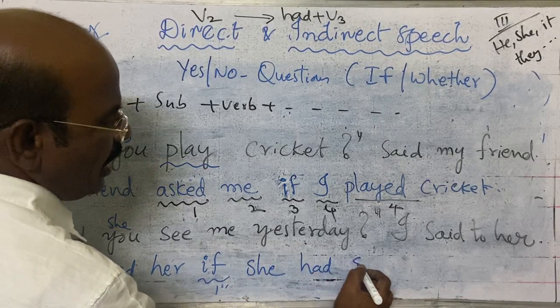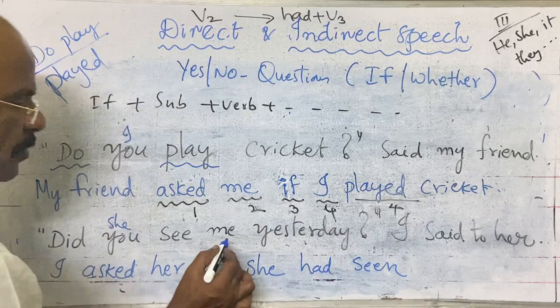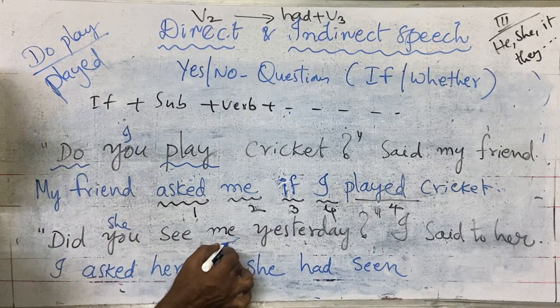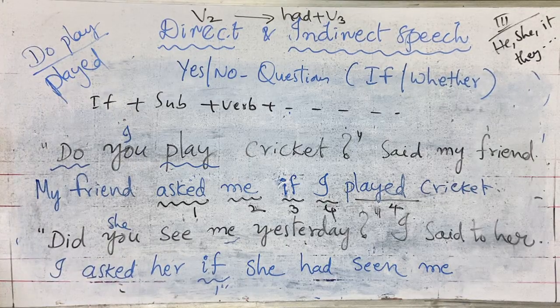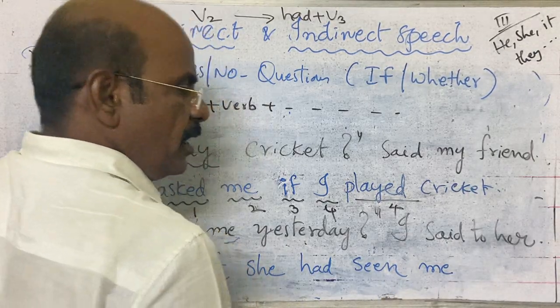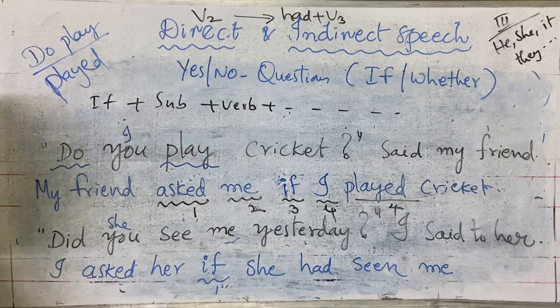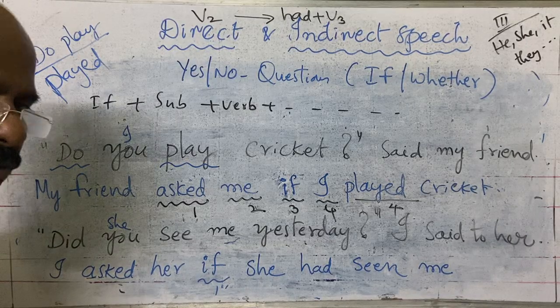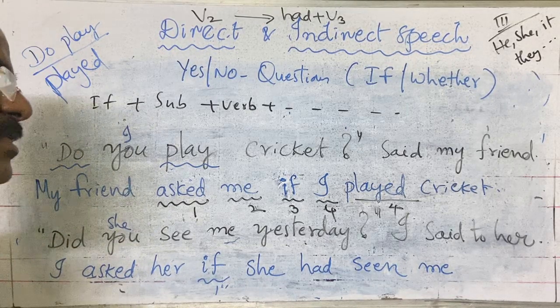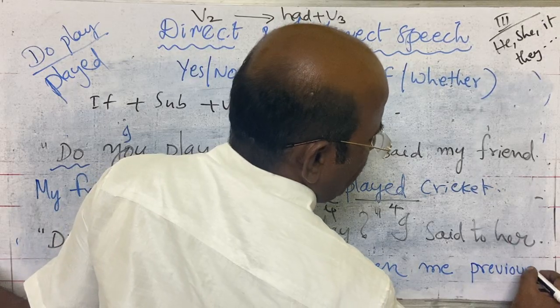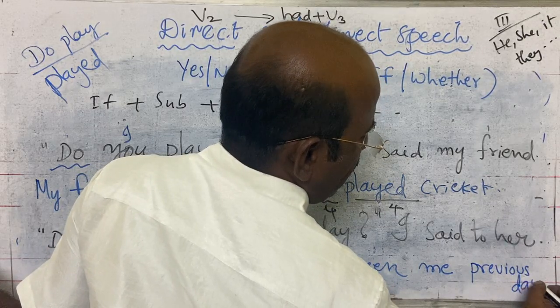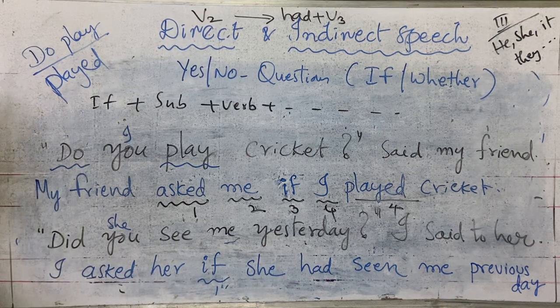If she had seen me. Here I only, it is coming as it is, me. Yesterday means before day, the day previous, previous day. Write differently. Before day, the day previous, previous day. So many are there. Previous day is coming.